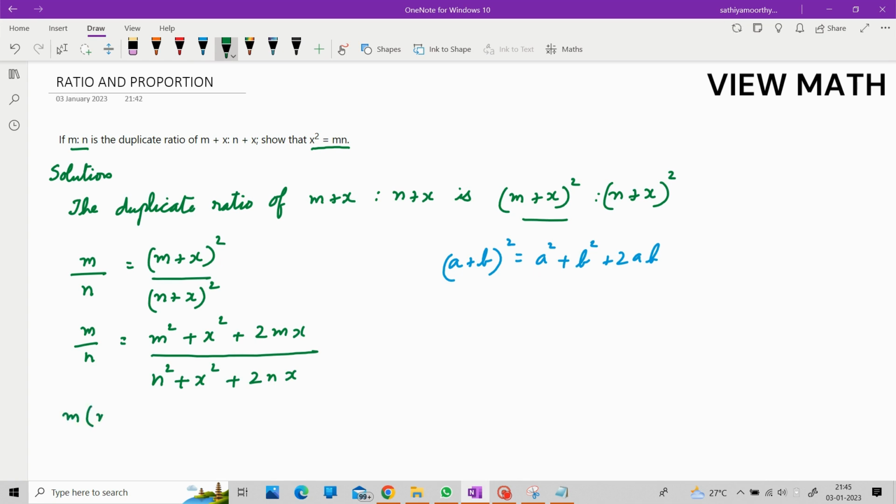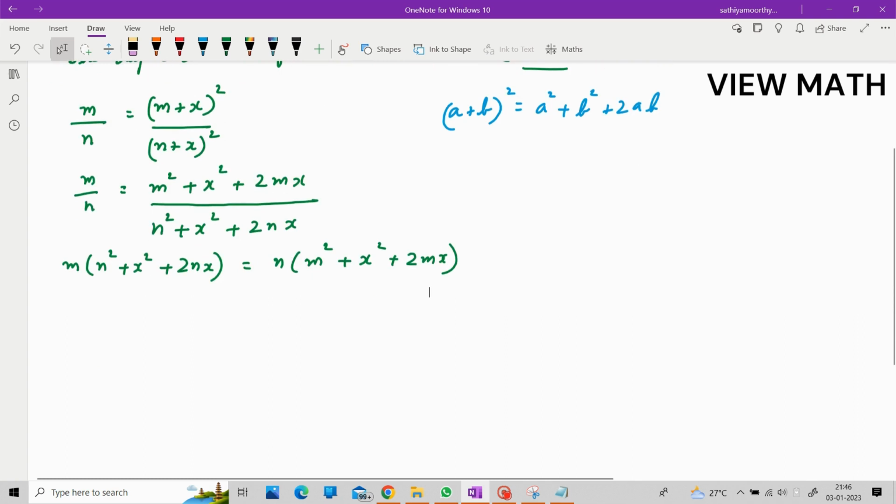m into (n square plus x square plus 2nx) is equal to n into (m square plus x square plus 2mx). So let me multiply m and n inside.